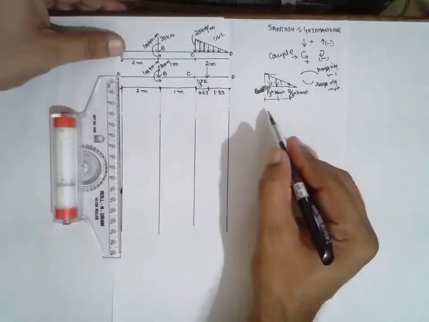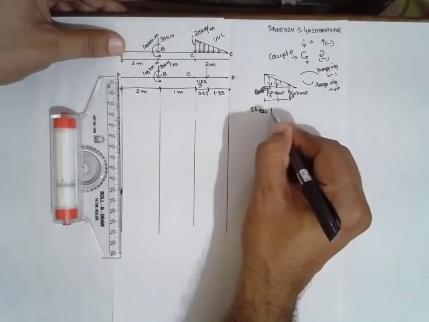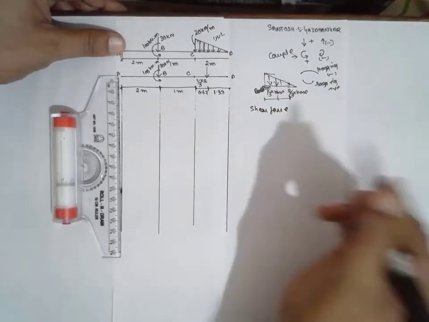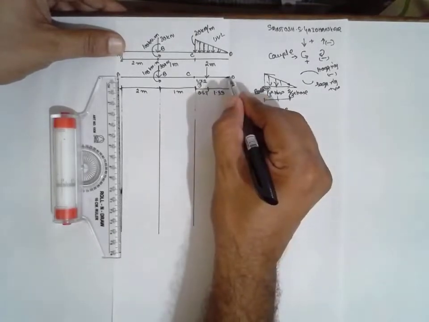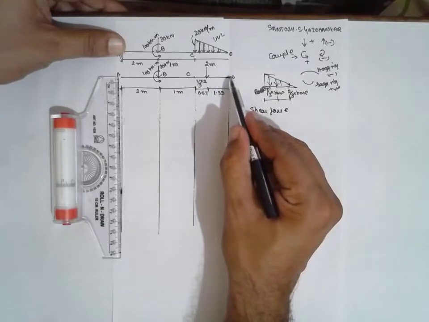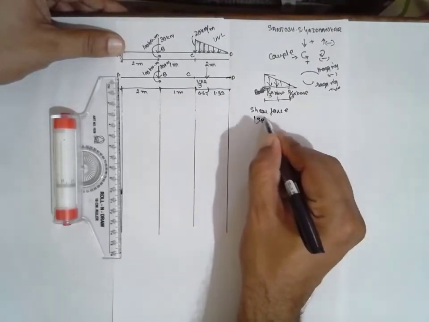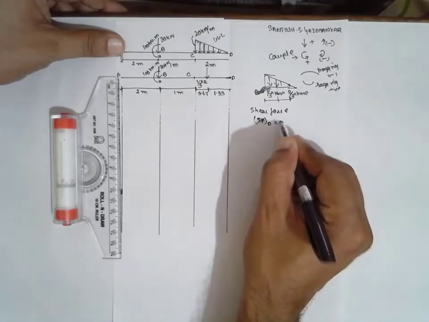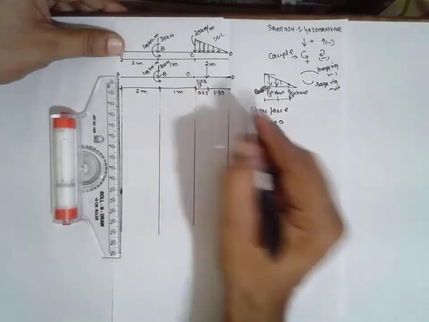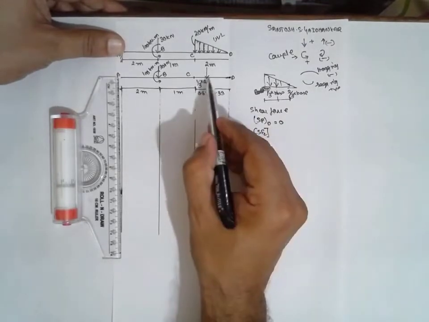Now shear force. At D there is no load here, therefore SF at D will be 0. Now at C, SF at C, there is a load here.